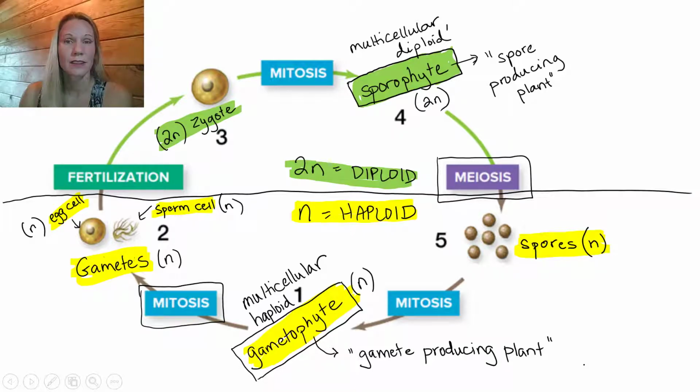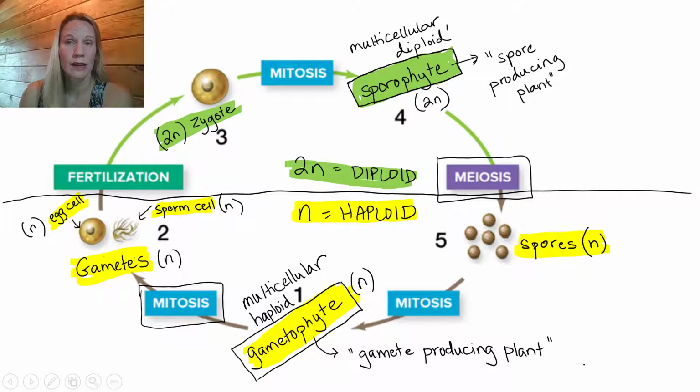That zygote is single-celled or unicellular, but it grows by mitosis or divides and forms many identical copies of itself, and that becomes the multicellular diploid form of the plant we call the sporophyte. The sporophyte is the spore-producing plant. It produces spores by meiosis.